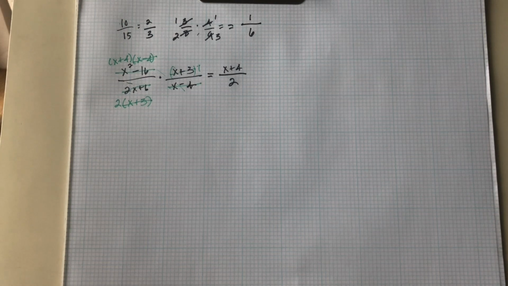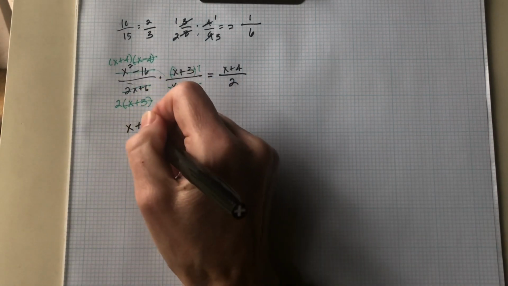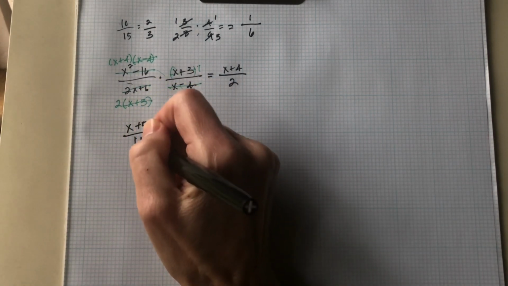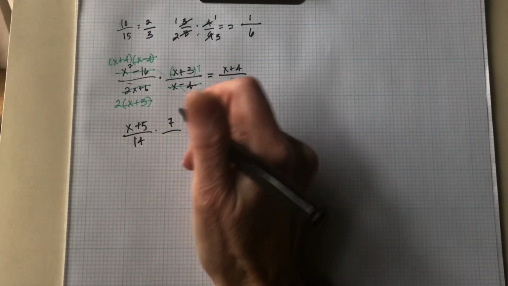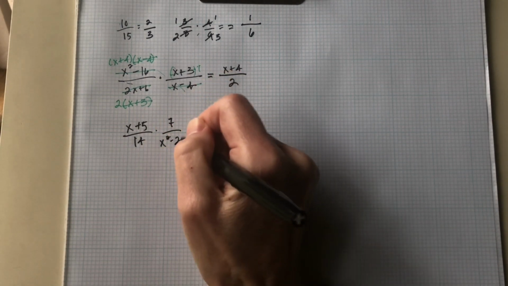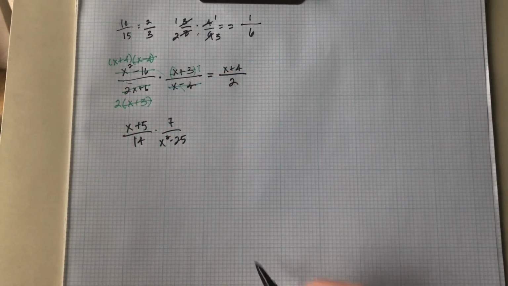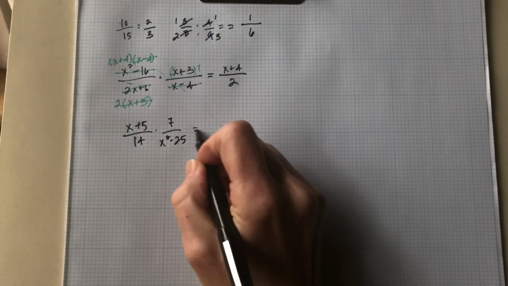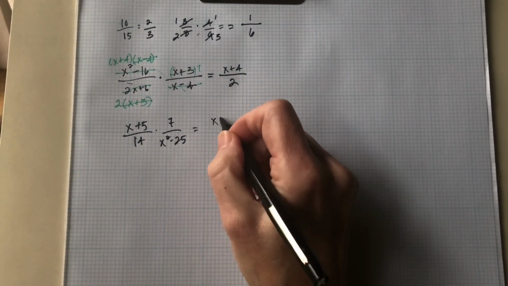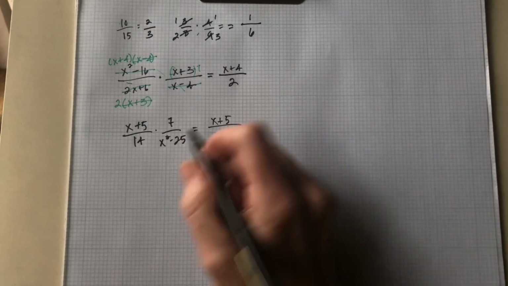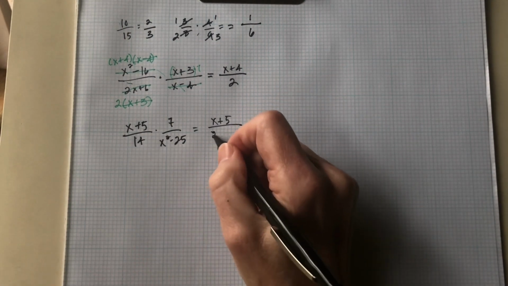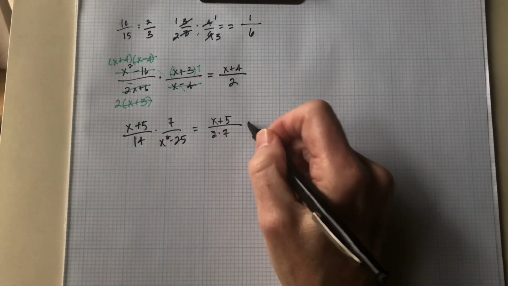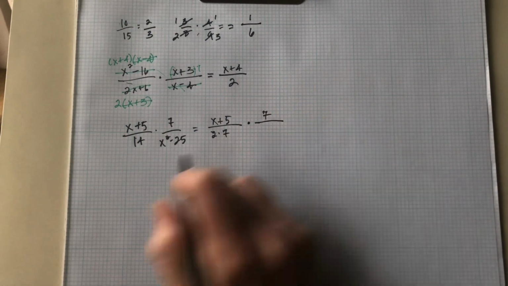All right, let's look at another example. x plus 5 over 14 times 7 over x squared minus 25. All right, so I'll just write this over this direction, x plus 5, and we can factor the 14 as 2 times 7, and then times 7 over, and what's this?